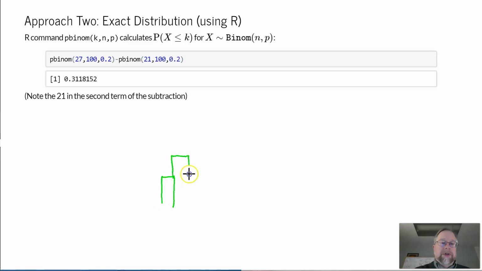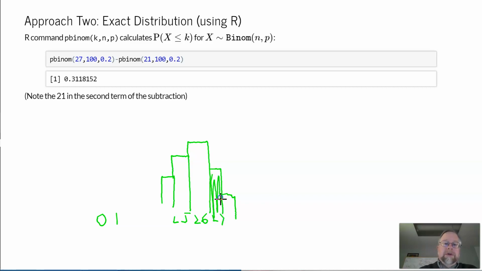So I have some histogram. I'll draw more slowly so I don't get ahead of this. And let's suppose this is 25, 26, 27.